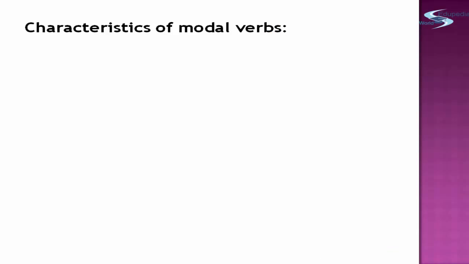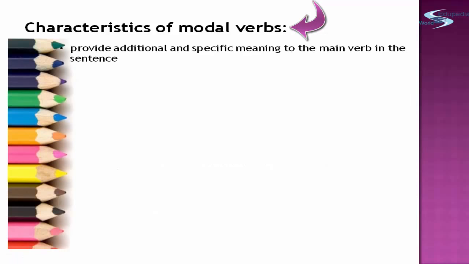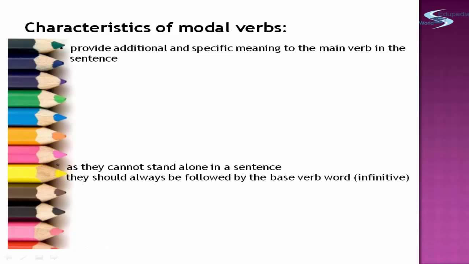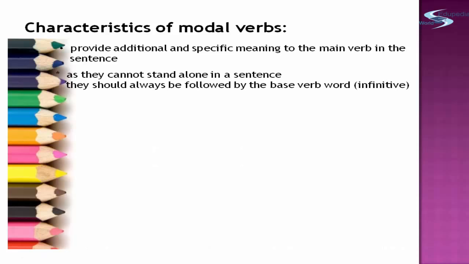I would like to discuss the characteristics of modal verbs. The first characteristic is that it provides additional and specific meaning to the main verb in the sentence. The second one is that as they cannot stand alone in a sentence, they should always be followed by the base verb, the infinitive.